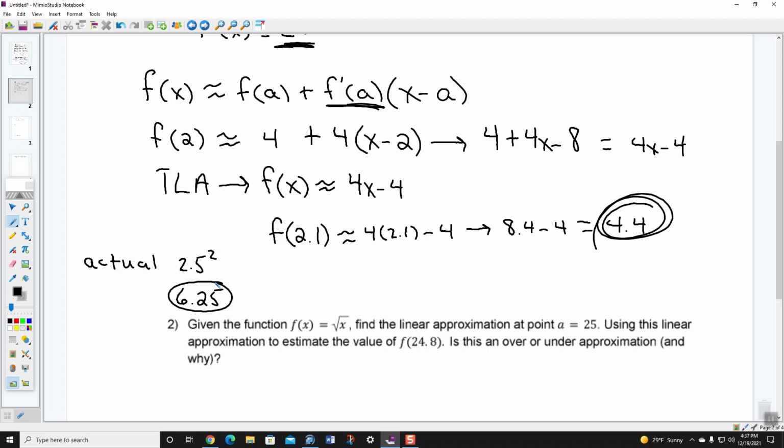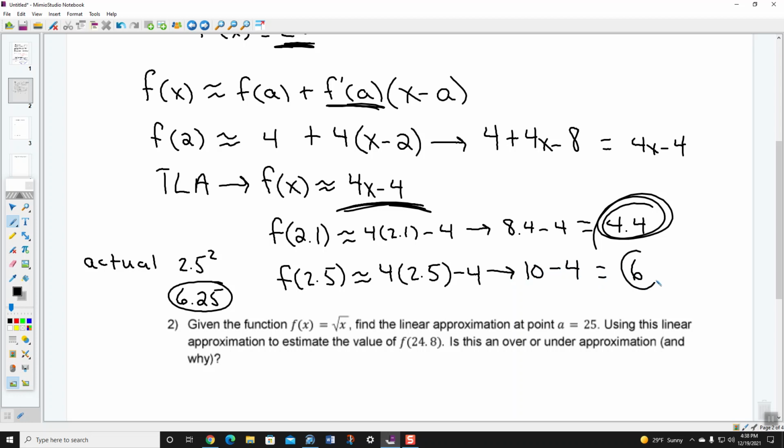But by tangent line approximation, if I use the 4x minus 4 to get an approximation, f of 2.5 would be about 4 times 2.5 minus 4, which becomes 10 minus 4, good buddy, which is 6. All right, now keep in mind, 6 is pretty close to 6.25.